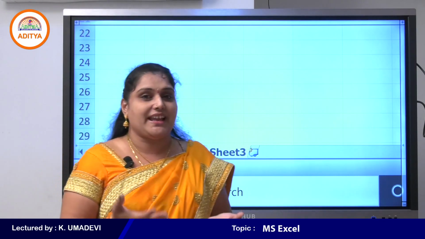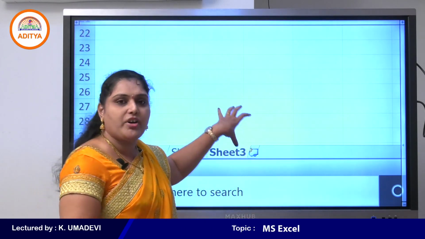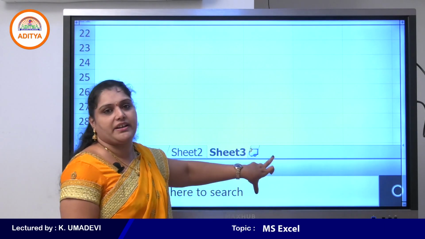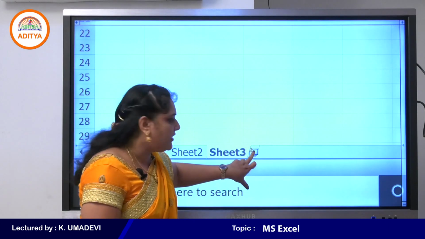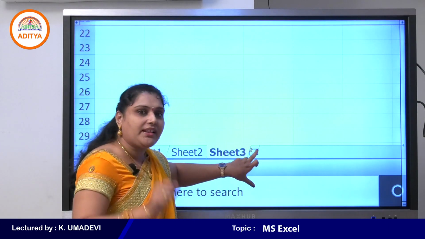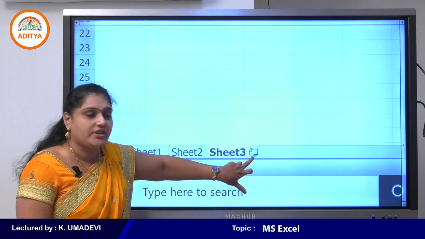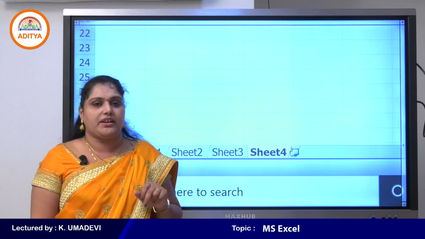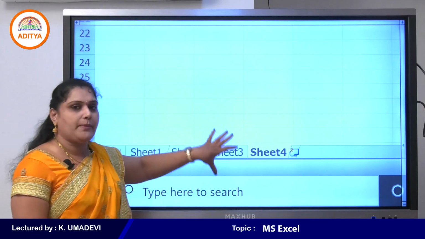If you want to insert some more sheets in the same workbook, simply click on the insert worksheet button. After sheet 3 you have one button, that is the insert worksheet button. Simply click on it to insert a new worksheet in the same workbook.